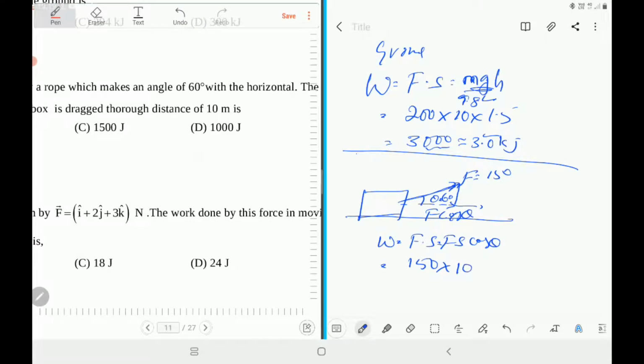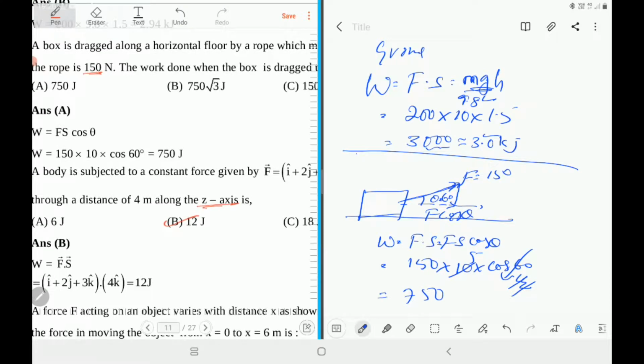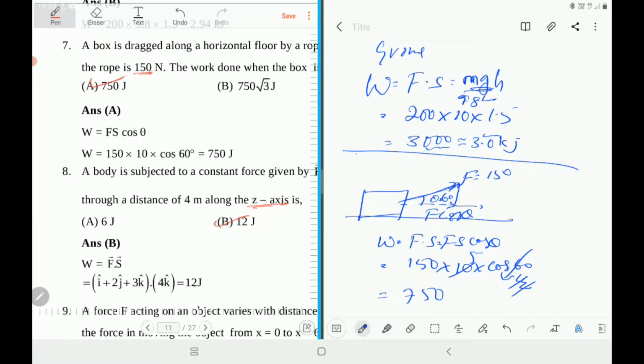The angle made with the horizontal is cos 60, which is half. So 2 fives are 10, 15 fives are 75, so 750 is the value. Option A, right? So this is how you can solve.